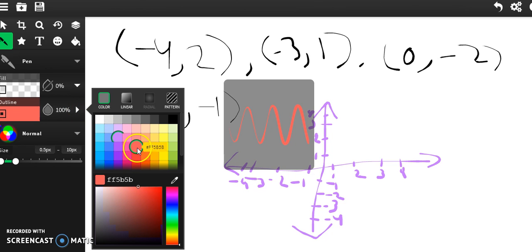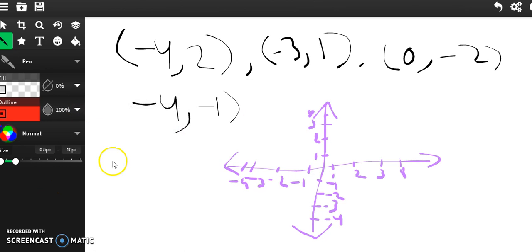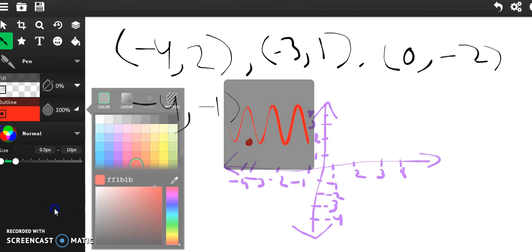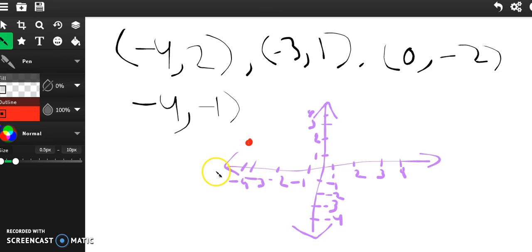Now I'm going to plot the points on the graph with bold red. So we have negative 4, comma 2, right up here about. And negative 3, comma 1, over here.